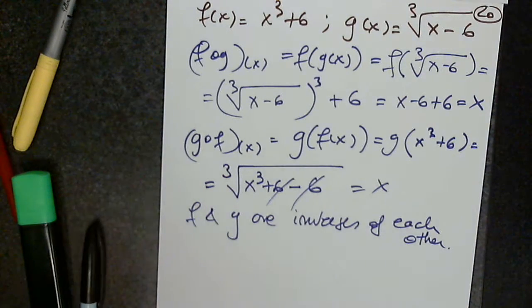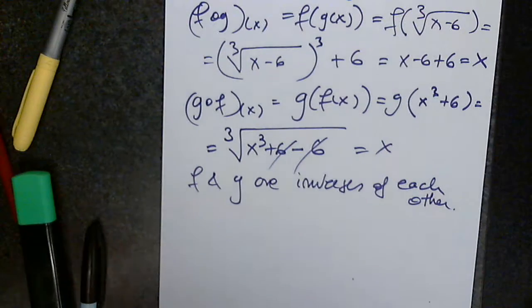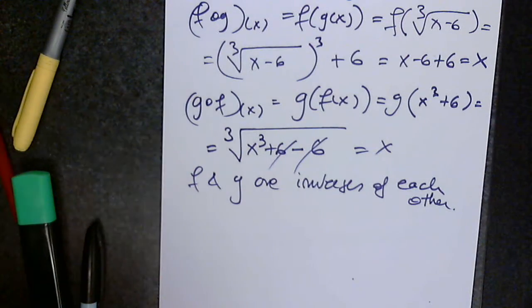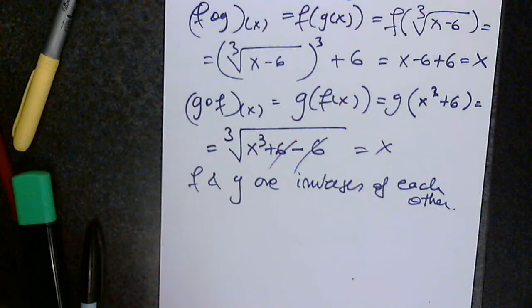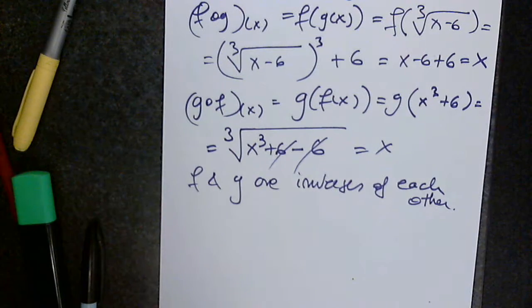Any questions? So as a quick summary, we know that functions can be one-to-one or not. If they are one-to-one, that's a great property because it means that they have inverse functions.